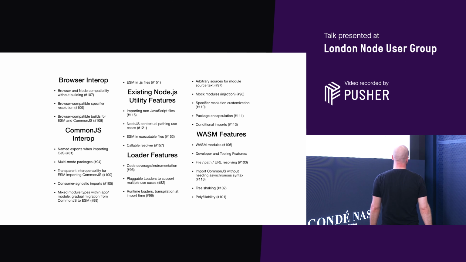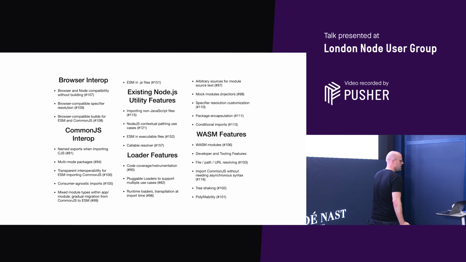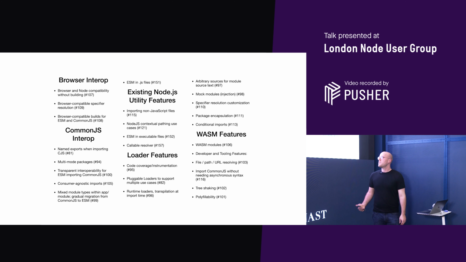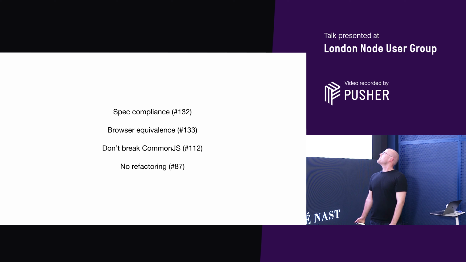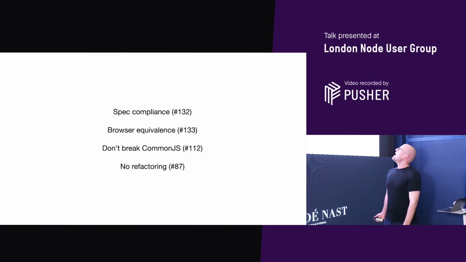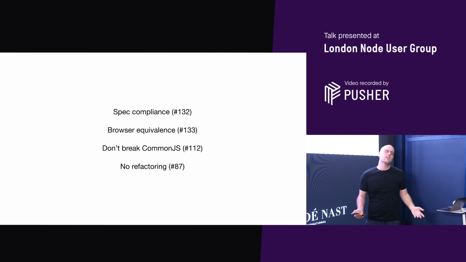There's loads of odd bits and edge cases that people have found that we need to fix with ESModules in Node. The big four that we have to deal with are spec compliance, module equivalence, don't break CommonJS, and the interesting one, no refactoring. This is the Babel issue.